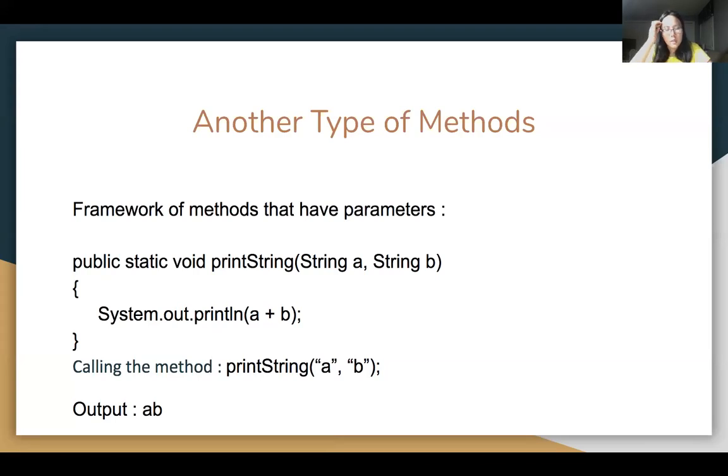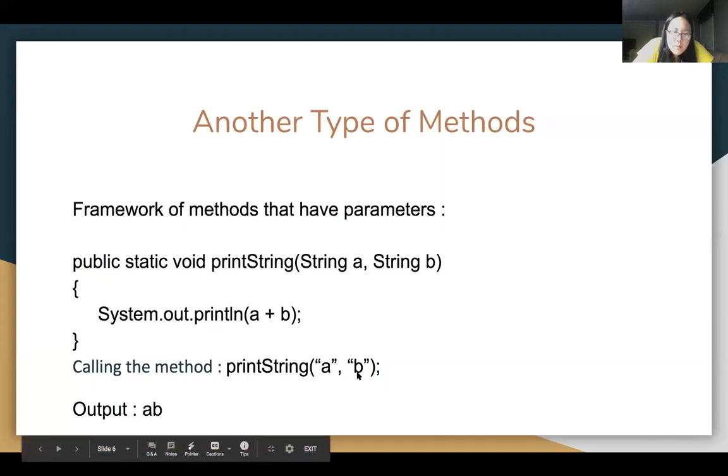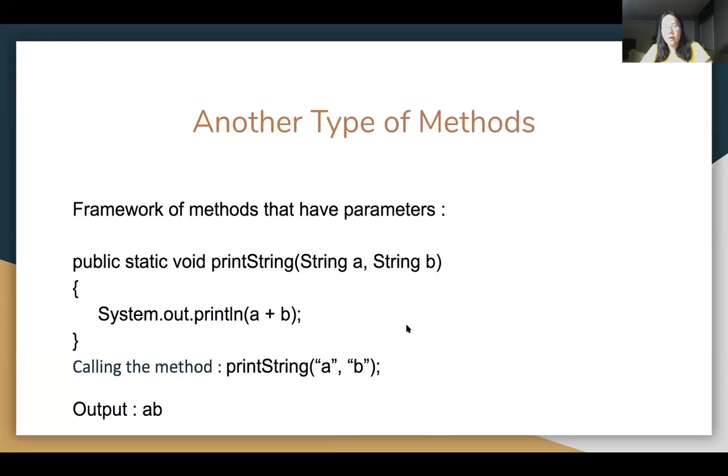Also, if you didn't put this B here, and you just put the A inside the parentheses, then Java would give you an error, because when you're using a method that has parameters, you have to put exactly that amount of parameters inside the method for it to work. If you don't, then it's going to give you an error.